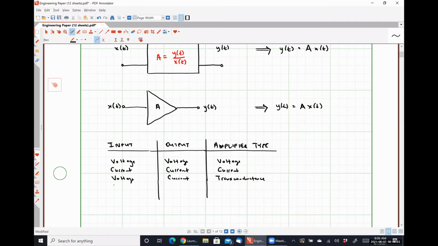Or we could take an input current signal, convert it and amplify it to an output voltage signal, and we will have a transresistance, or more commonly transimpedance amplifier.